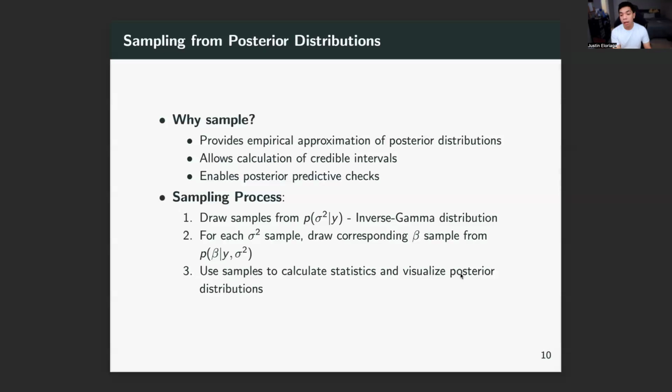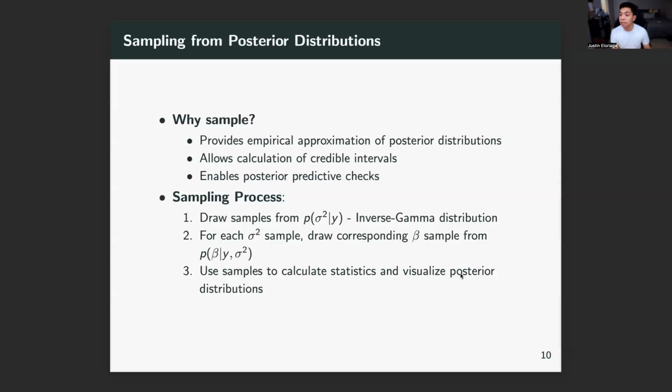So how do we sample from the posterior? Very simple. In our context, the first step is we want to draw samples from the distribution of sigma squared conditional on Y. That's from the inverse gamma distribution. Then after that, for each sigma squared sample, we're going to draw corresponding betas from the probability of beta given Y and sigma squared.